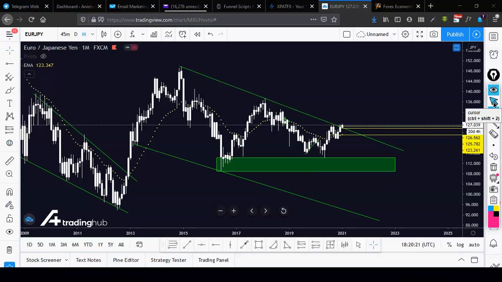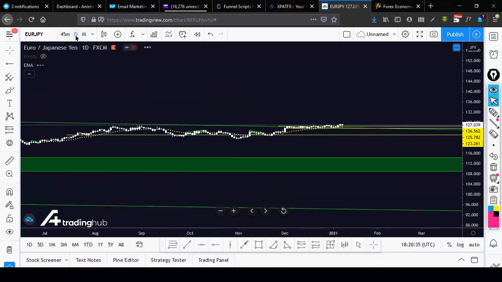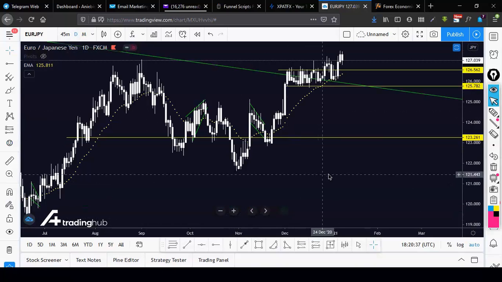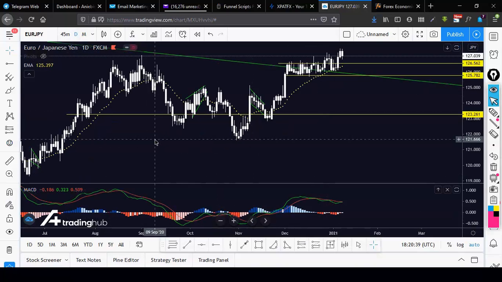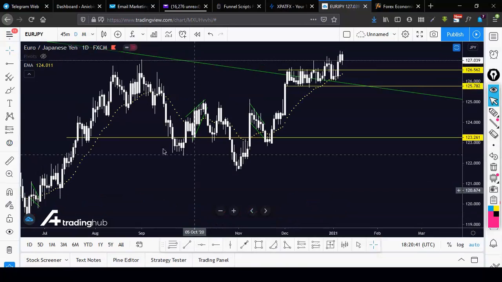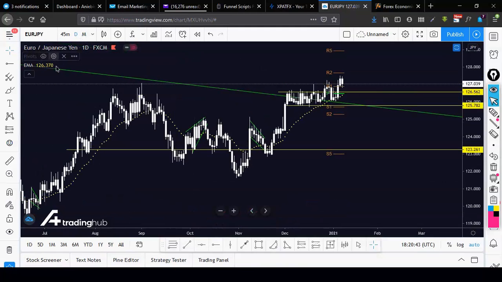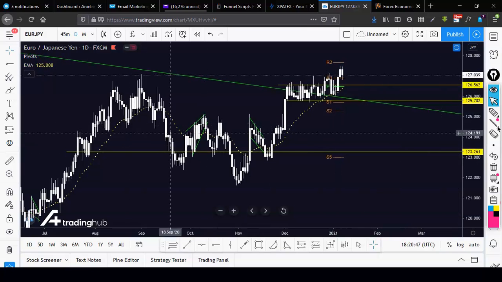When I go to the lower time frame, you also agree with me that it's manipulation happening there. They are actually using this to hunt day traders and lower time frame traders. So we go to the daily time frame. It's on the daily time frame that I turn on my pivots, because that is where I want to see my key turning points.